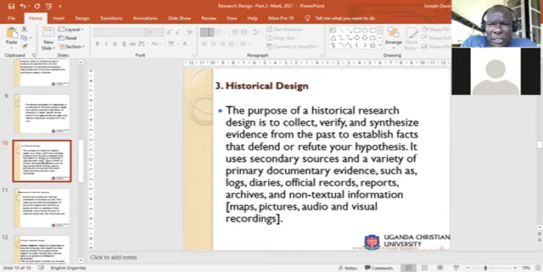If you ask a student, for example, will you pass this course? He will say, yes, I will pass. Will you pass business research methods? The student says, yes, I will pass. You can even go ahead and ask, what mark do you think you might get in business research methods? He will say 80, 85. Yes, that is predictive.